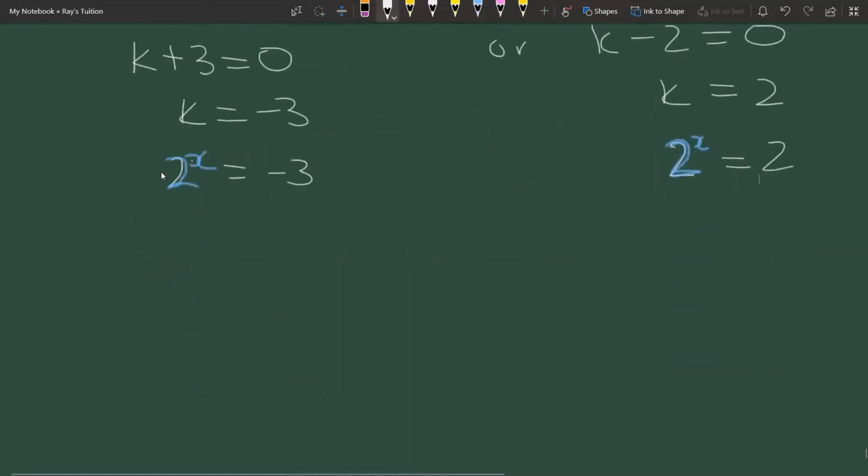Now, in the first one here, there's no way that we can possibly get a negative answer from having a positive base. So here we're going to write no solution. You can try solving it, but there's no way to get a negative number from a positive base in our real numbers. Okay, this one here is a normal exponential equation.